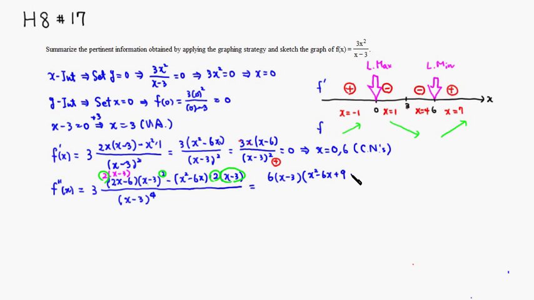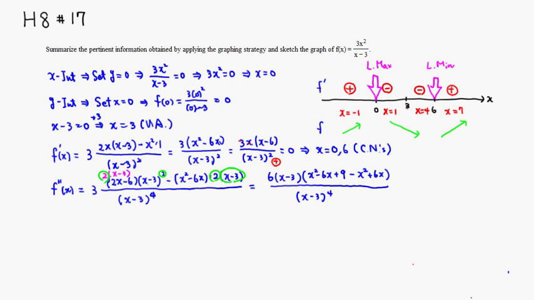Then minus, right here you have x squared minus 6x, so it's going to be plus 6x, right? So we have that. Then divided by x minus 3 to the 4th power.